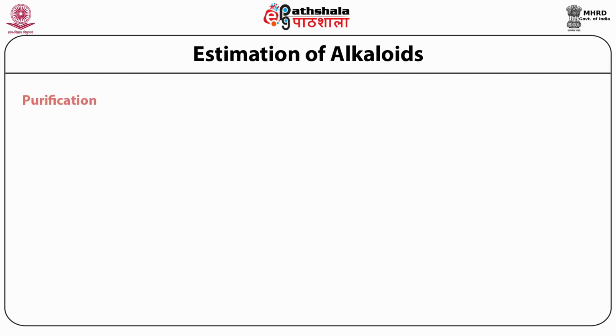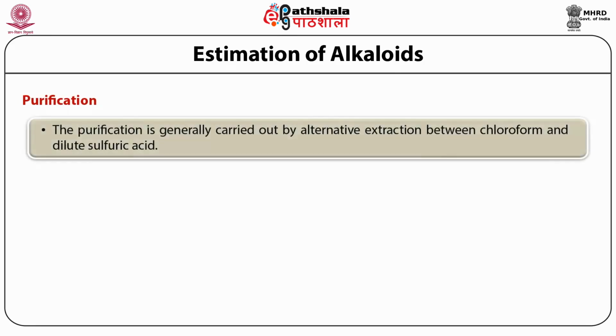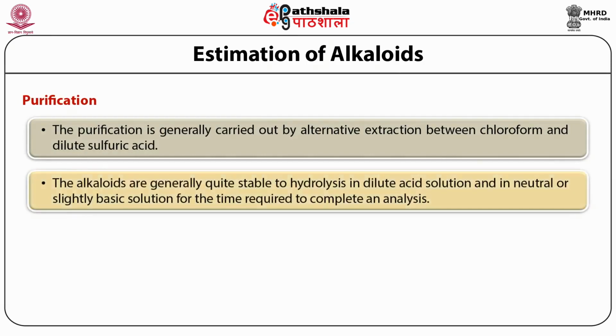The next process is purification, which is generally carried out by alternative extraction between chloroform and dilute sulfuric acid. The alkaloids are generally quite stable to hydrolysis in dilute acid solution and in neutral or slightly basic conditions. The time required for their extraction comes well within the limit of their stability.